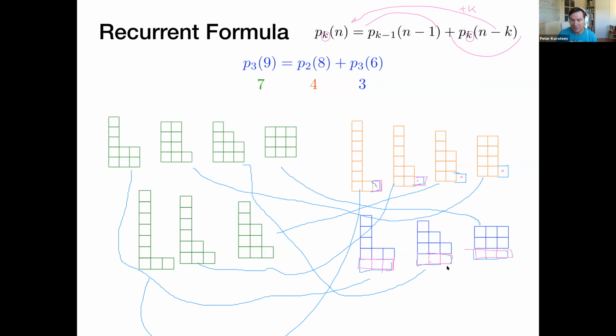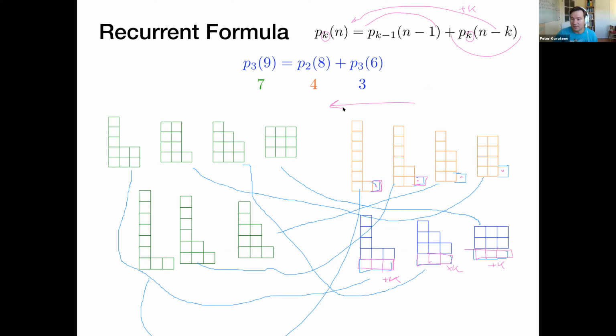So that gives you exactly plus k here, plus k there, plus k there. So that's mapped from right to left. It's mapped from the right hand side to the left hand side.